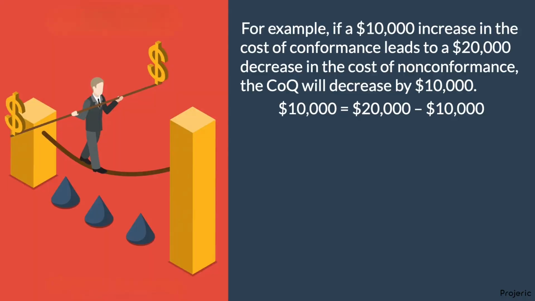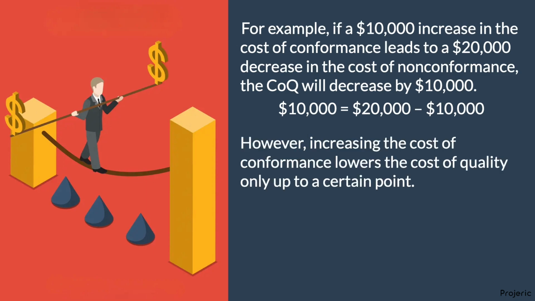For example, if a $10,000 increase in the cost of conformance leads to a $20,000 decrease in the cost of nonconformance, the COQ will decrease by $10,000. However, increasing the cost of conformance lowers the cost of quality only up to a certain point.